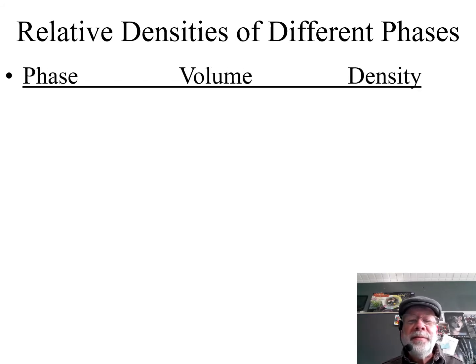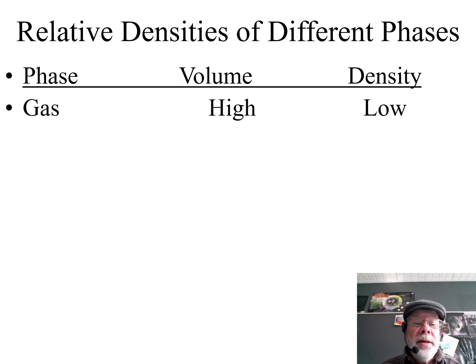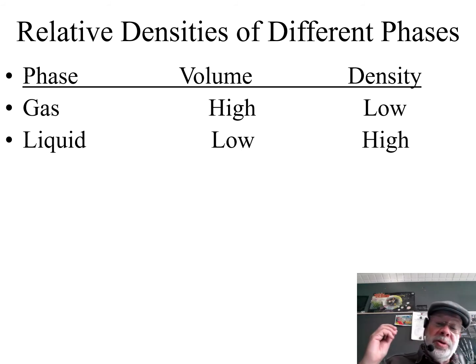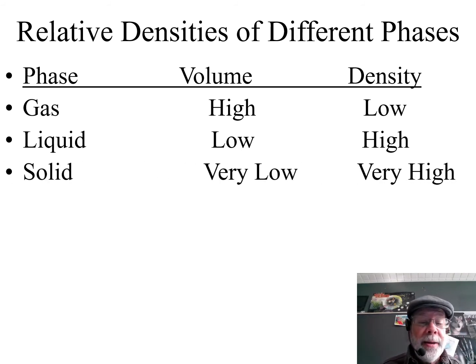Let's talk about relative densities of different phases. If the phase is a gas, the volume of that gas would be very high and the density would be very low. Gas takes up whatever volume the container is. If the same amount of stuff is a liquid, now the volume is quite low compared to the gas phase of it, and the density is quite high. If it's a solid, now the volume has become very low.